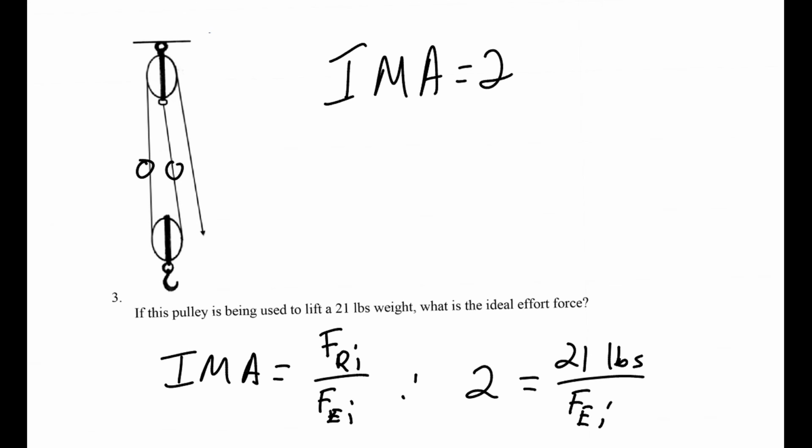So what we're going to do is multiply both sides by the ideal effort force and divide both sides by 2 to figure that out. So we end up with ideal effort force equals 21 over 2. And what is our ideal effort force? 10.5 pounds. Alright, any questions over this one?